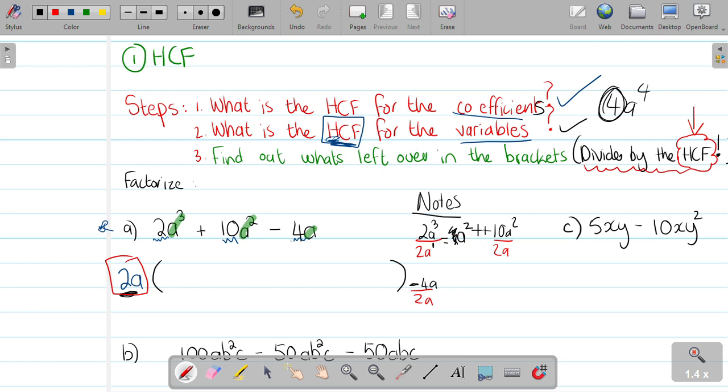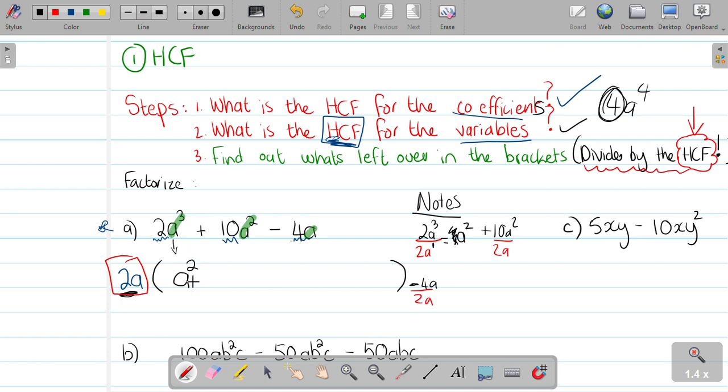Whatever answer you get where you're doing the notes, that is how you find out what is left over in the bracket. I'll say that again. After you've taken a term from the original question, you divide it by your HCF. Whatever answer you get, you put into the bracket.